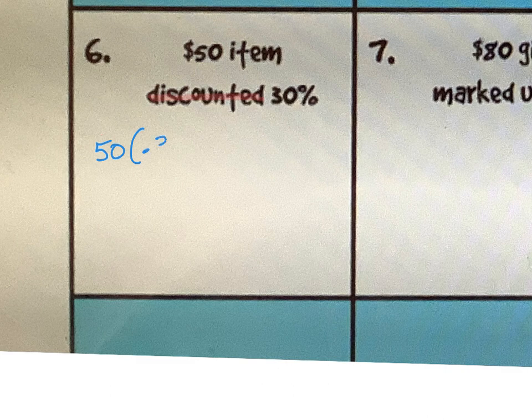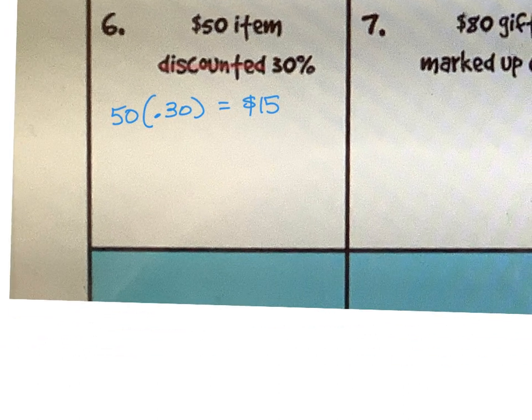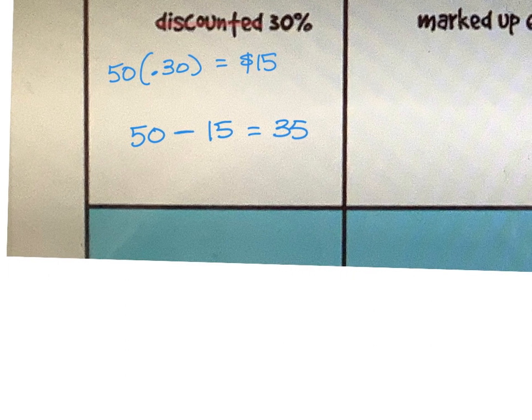So we're going to multiply 50 times 30%, and we get $15. This is a discount. You're saving that money. So now, to get our final price, we want to take that $50 and subtract the $15 because that's money that we're saving. So our final answer would be $35.